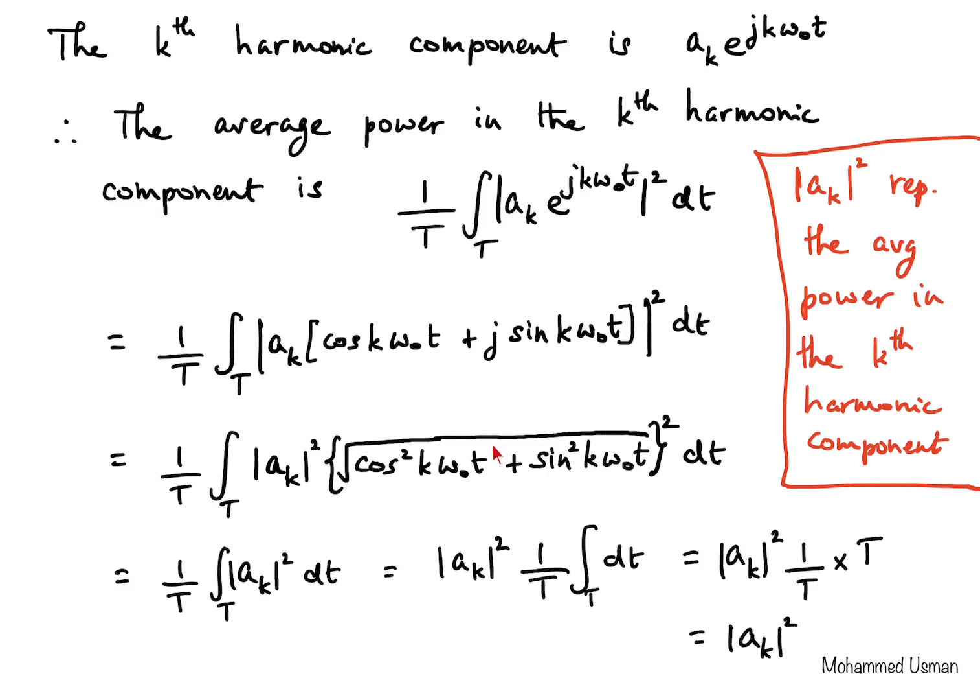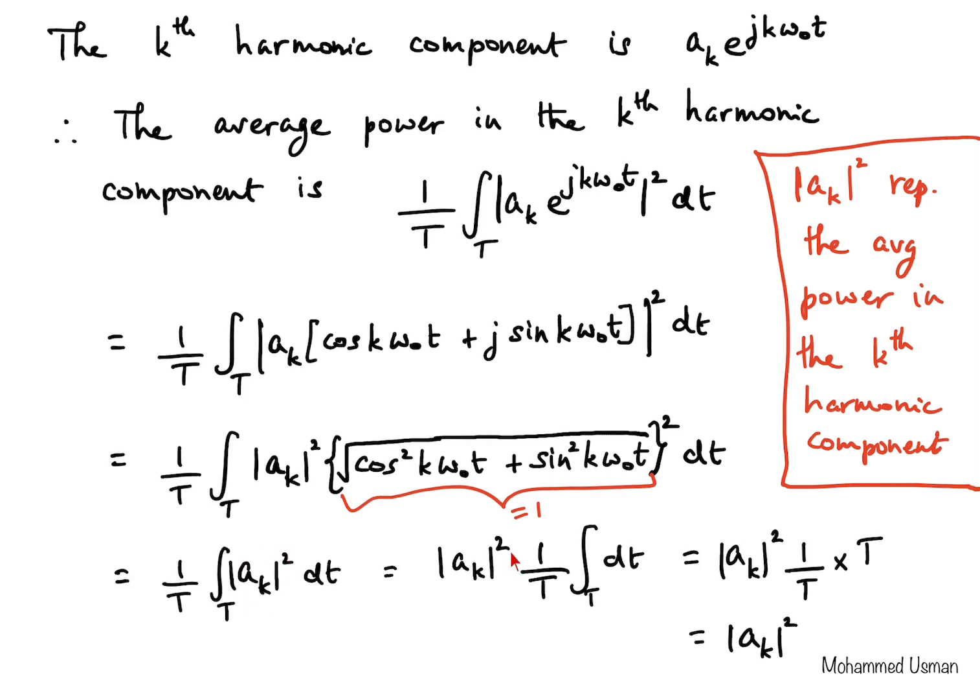But cosine square plus sine square is equal to 1. So the square root of 1 is 1, and 1 squared is 1. So that entire term is equal to 1. So we end up with just this term, 1 by T, integral over one period T, magnitude ak square.